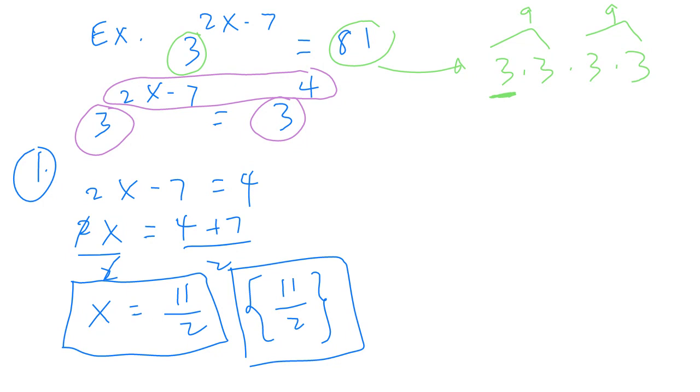But if you happen to have a different base, or you cannot express 81 into a base 3, so let's say you have an 80 there, then you cannot apply the property of exponent there. So the second solution here, if that is the case, would be taking ln on both sides.